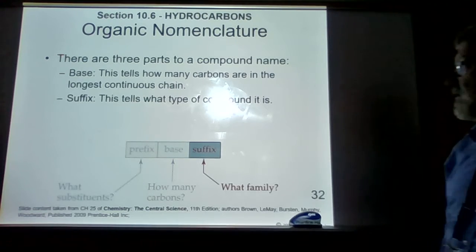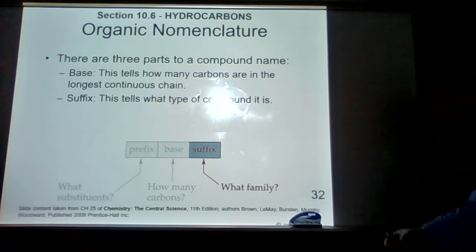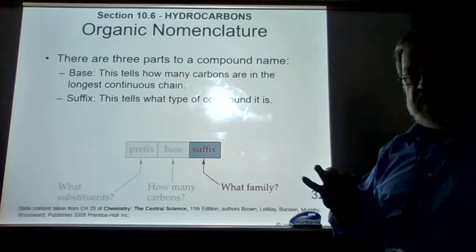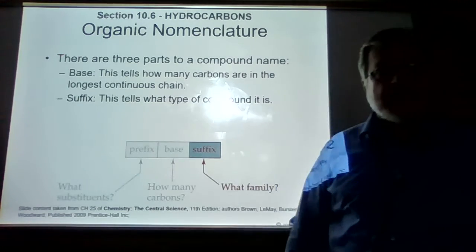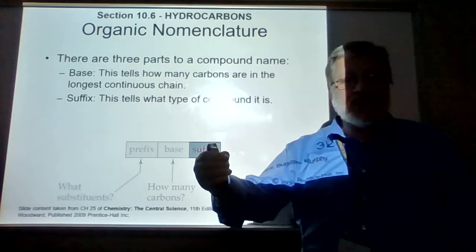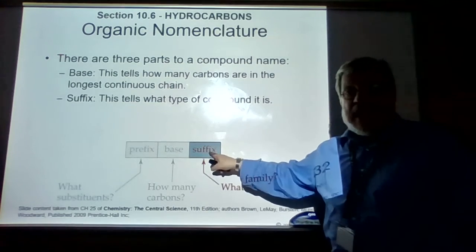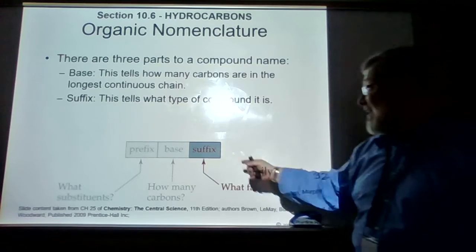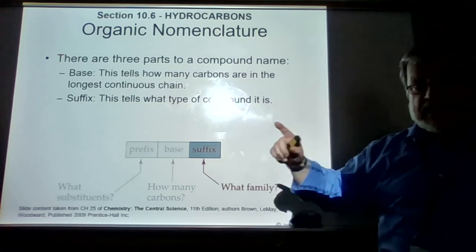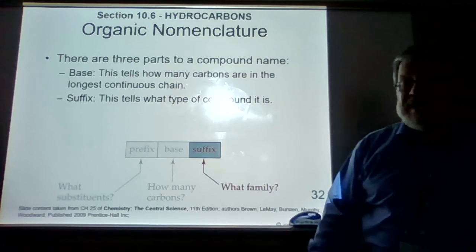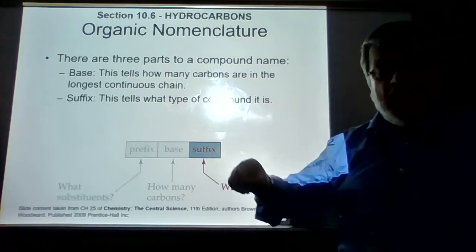The suffix: what kind of compound is it? Is it an alkane, a straight chain with all carbon-carbon single bonds? Then the ending is ane. If there's a double bond in the molecule, then the ending is ene. If there's a triple bond somewhere in the molecule, the ending is yne. If it's an alcohol, the ending is ol.